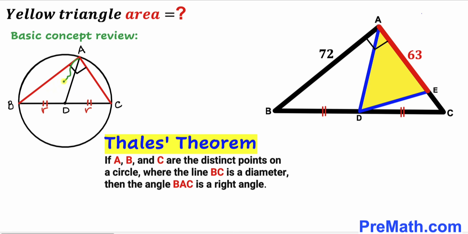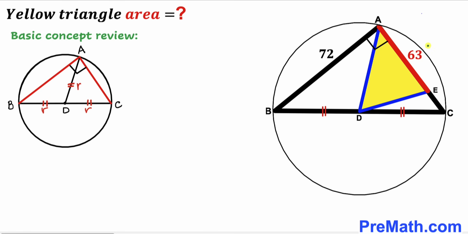And now let's make an observation. We can see this AD is the radius of the very same circle, so this is going to be our radius lowercase r. So therefore, this radius is going to be equal to these radii as well. And now let's focus on this circle with the center D. We can see that this right triangle ABC is fully inscribed in a circle. And here we are going to apply the very same concept on this given problem.